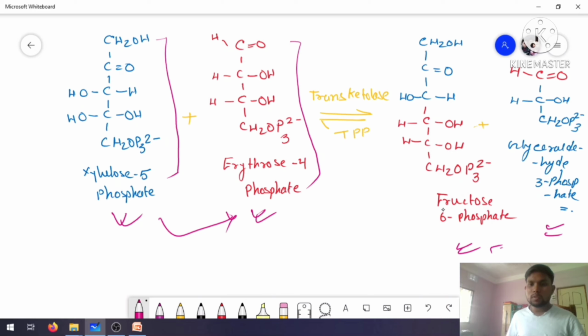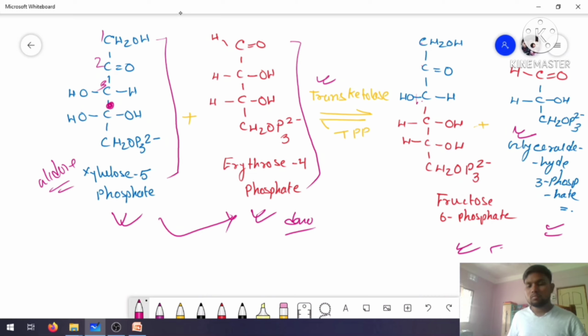So fructose 6-phosphate, these 1, 2, 3 carbons coming from where? These 3 carbons coming from here. Okay, this is the aldehyde acceptor, and this is the donor. So they will donate their aldose group here and give rise to glyceraldehyde 3-phosphate. You need to learn about transketolase and transaldolase.